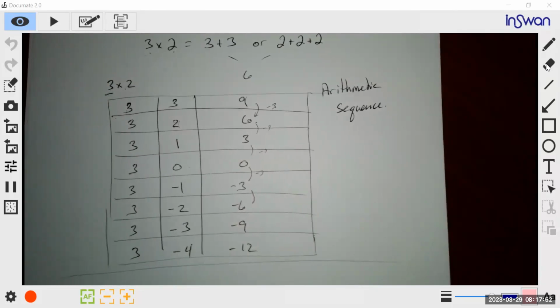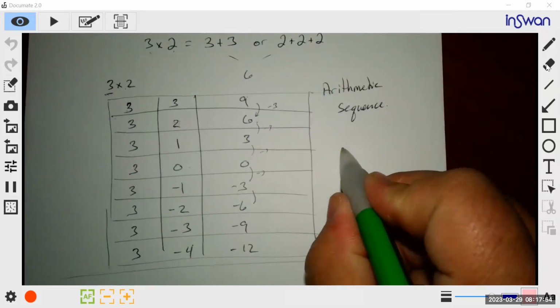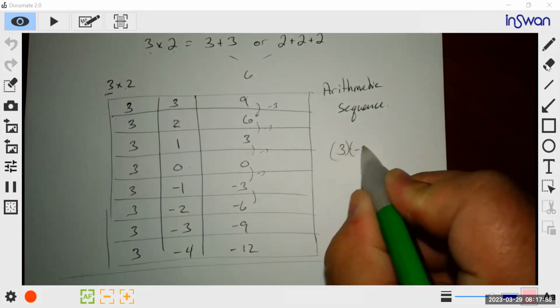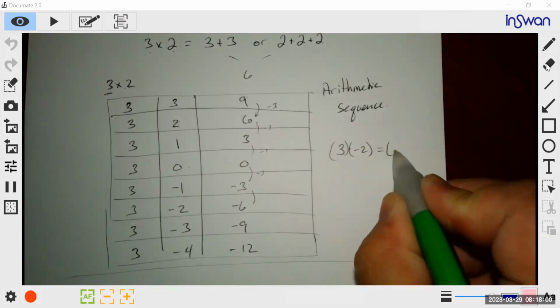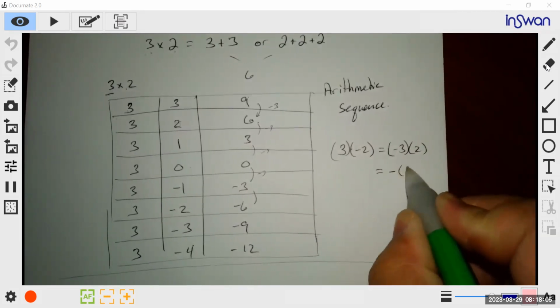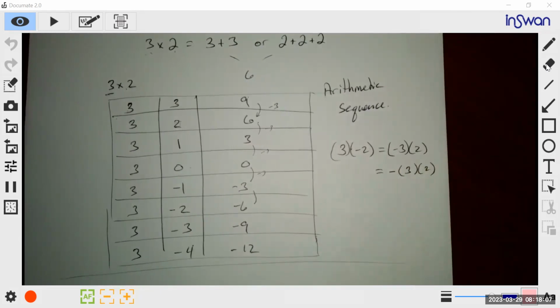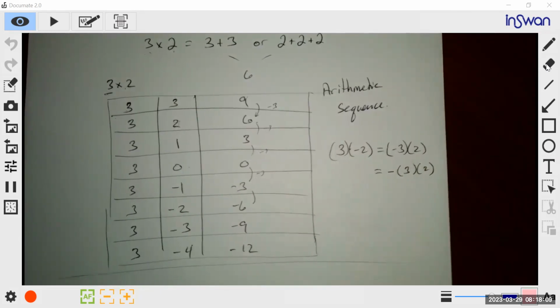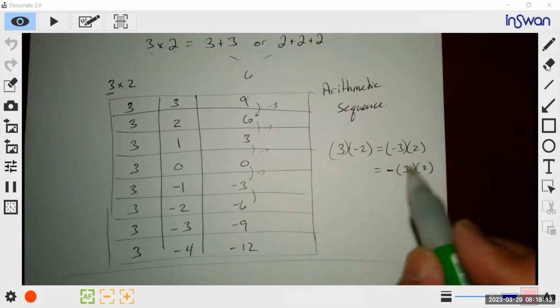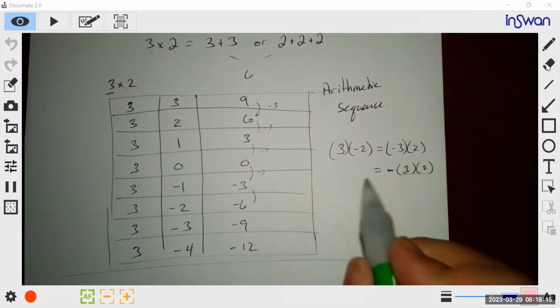Because we're going to learn the commutativity property, 3 times -2 would be the same thing as -3 times 2. So if one of the numbers is negative, we put that negative out in front, and we just multiply the numbers and leave the answer negative.